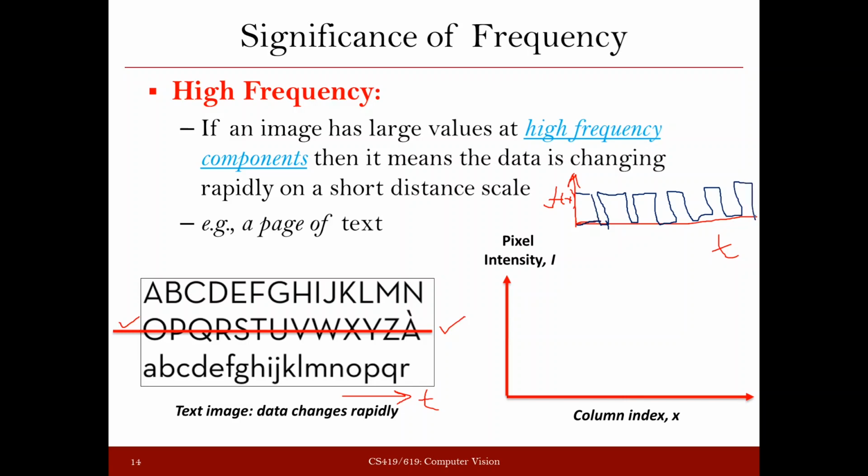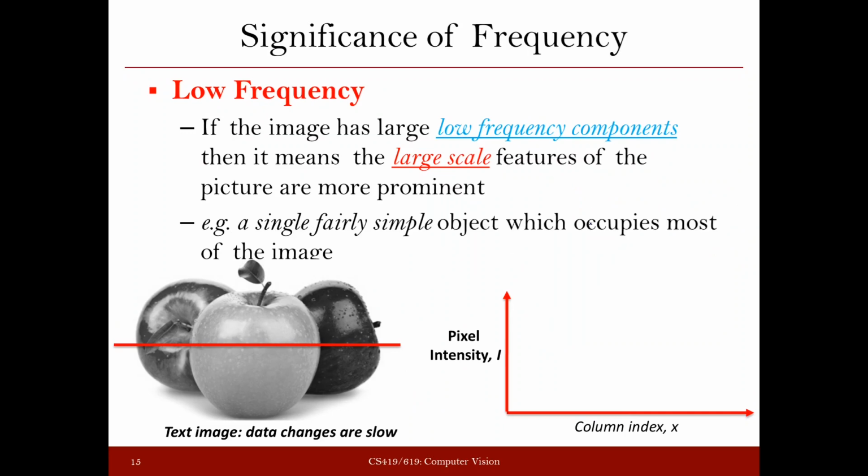You see that when you are going from left to right, whatever function you are plotting here has high variations, a lot of variations. You can understand the amount of variation if you compare it with this other image. Again you draw the function f(t) for this image, considering only those pixels which fall below this red line.